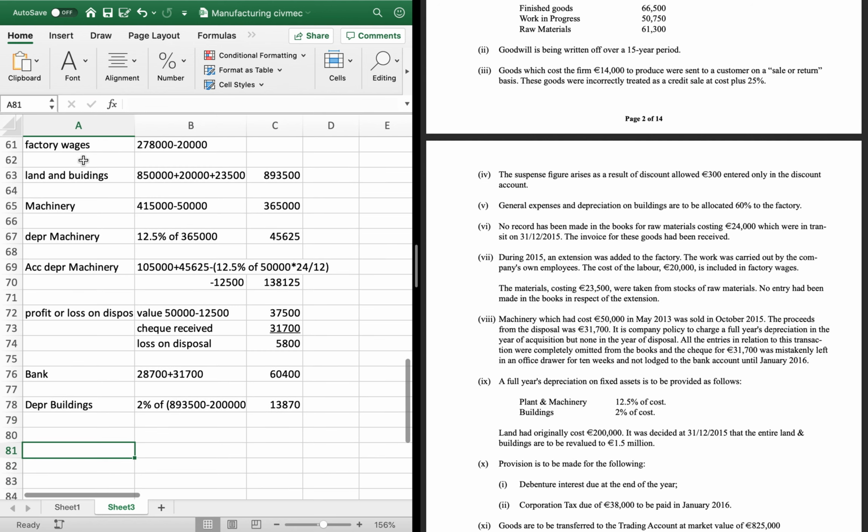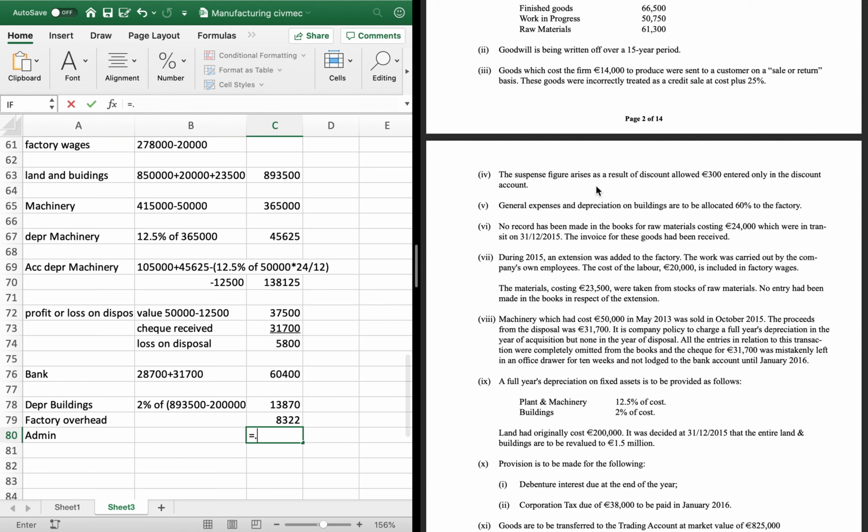Now, at that point, just because it's fresh in my mind, I'm going to go back and split the cost up, 60% to the factory. So the factory overhead, this is from working 5, 60% of that is 8,322, and the rest will go into admin.